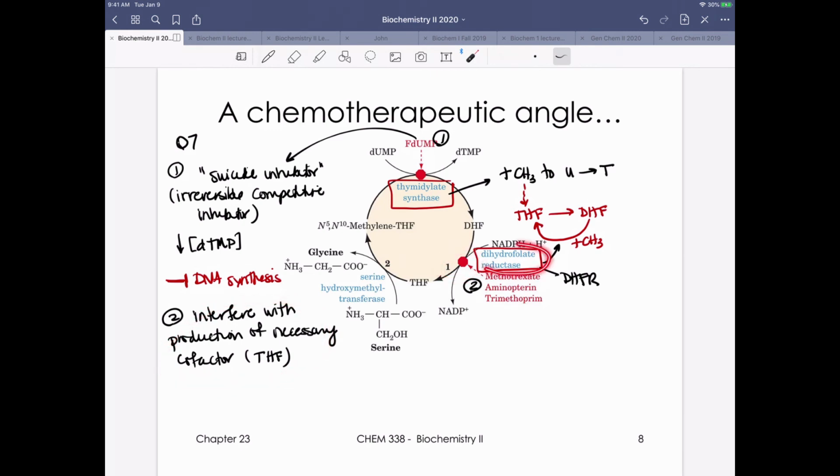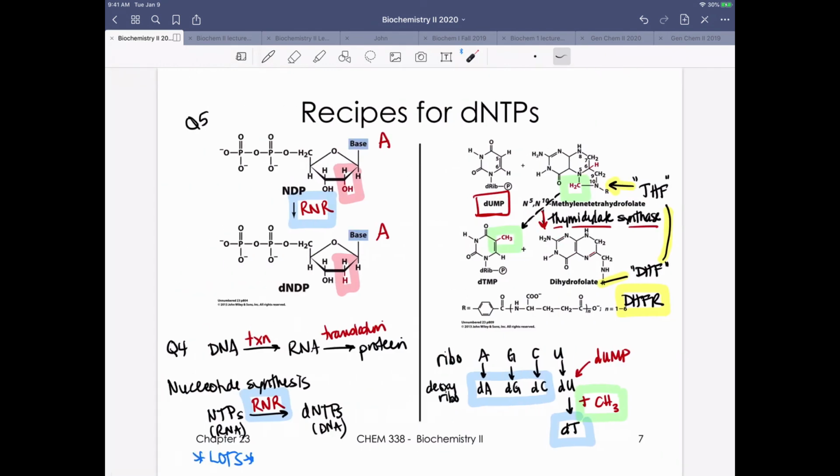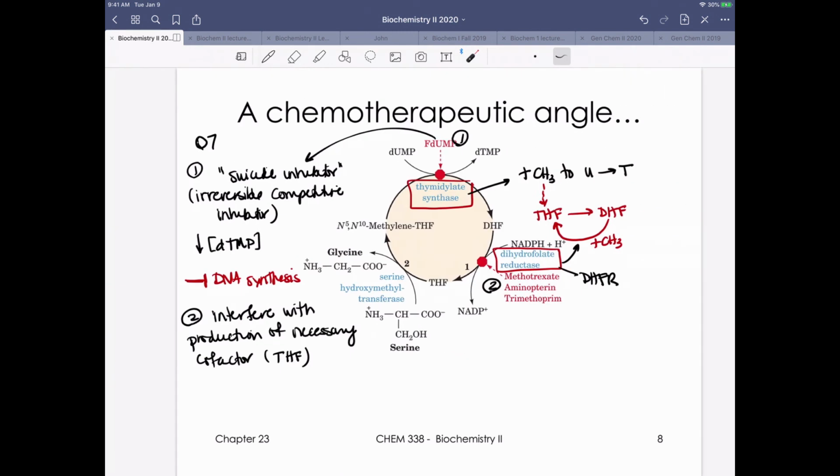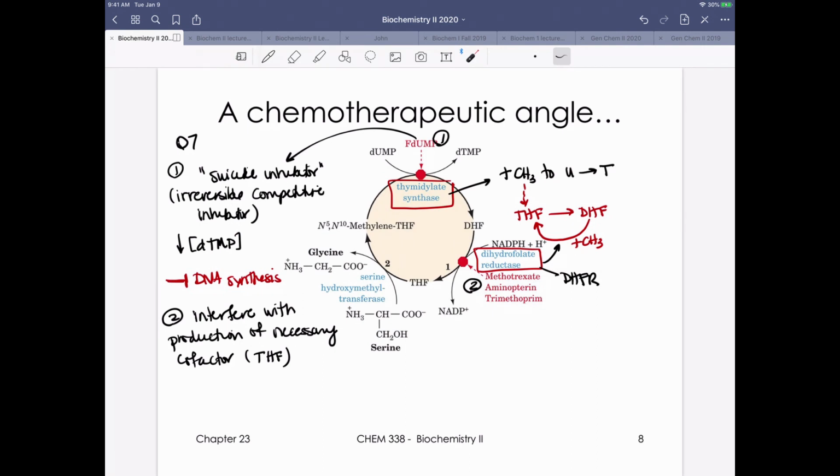So remember we said DHFR. DHFR is the enzyme that's responsible for taking the demethylated DHF and making it back into the methyl transfer agent THF. So THF will go to DHF when it transfers its methyl group to U to make it into T, and to get back its methyl group, it uses DHFR, dihydrofolate reductase.